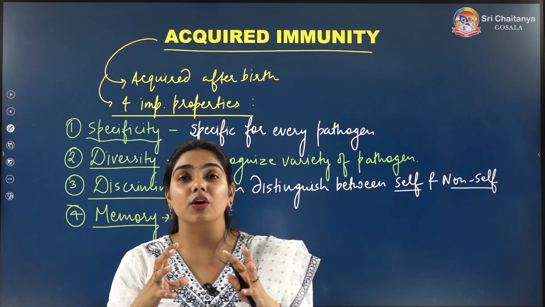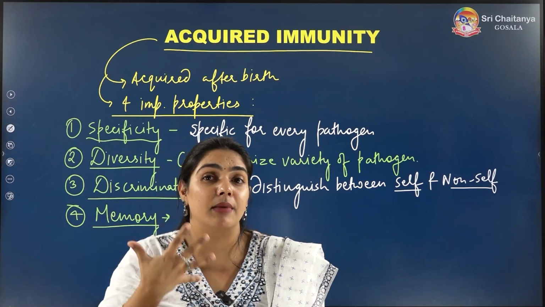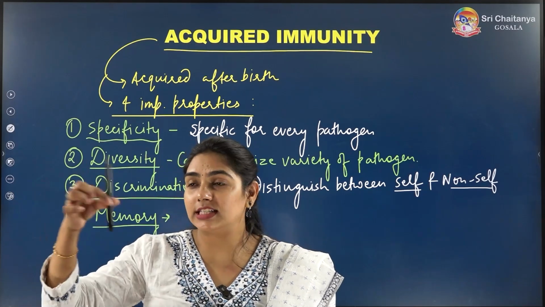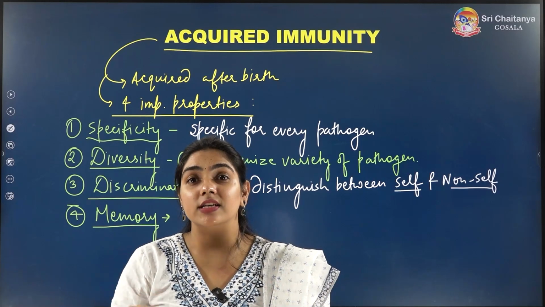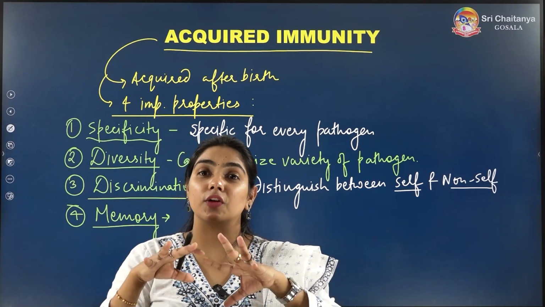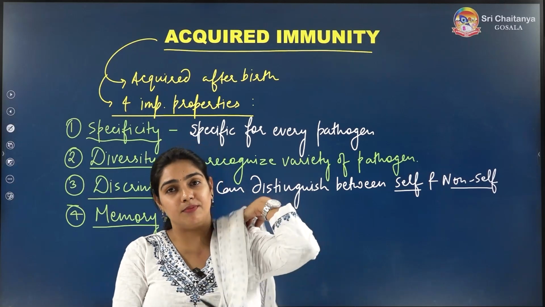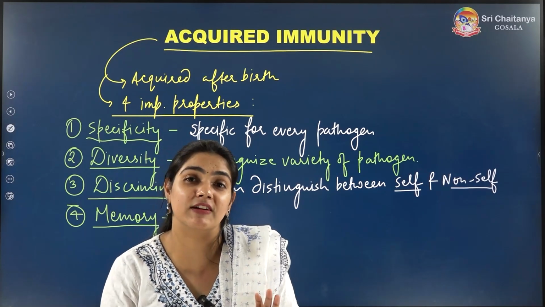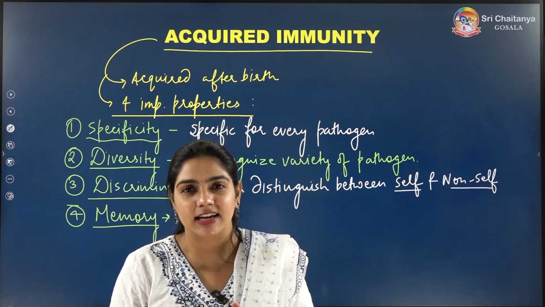So you have seen the two different types of responses by my immune system. First time when the pathogen came, the immune response was slow, of low intensity, just like when you meet anybody for the first time. Your response will be very low, like hi, how are you, from where are you, right?